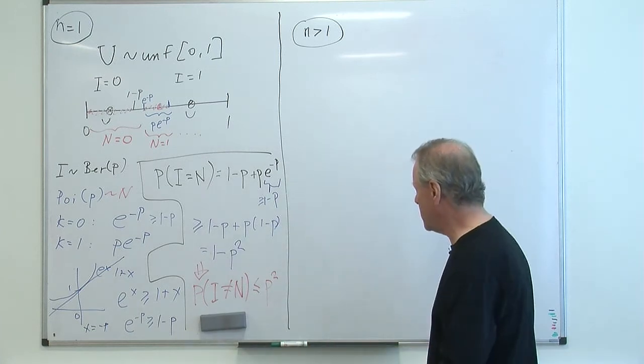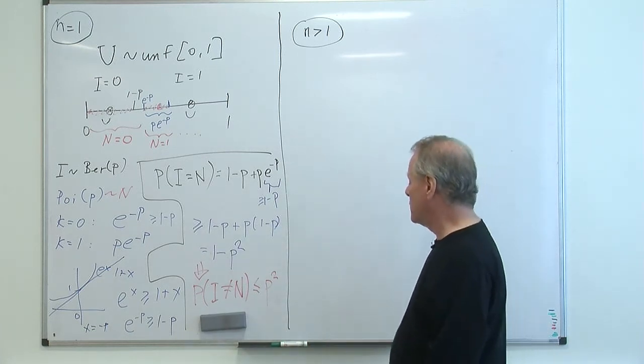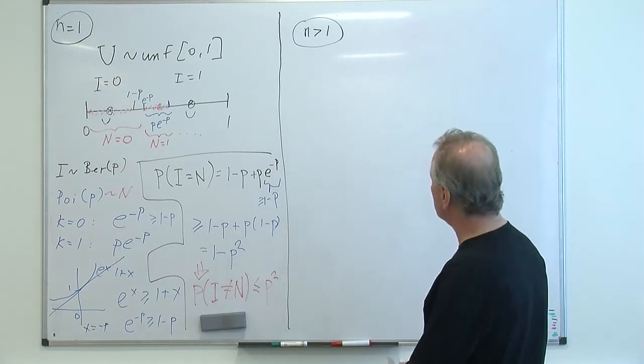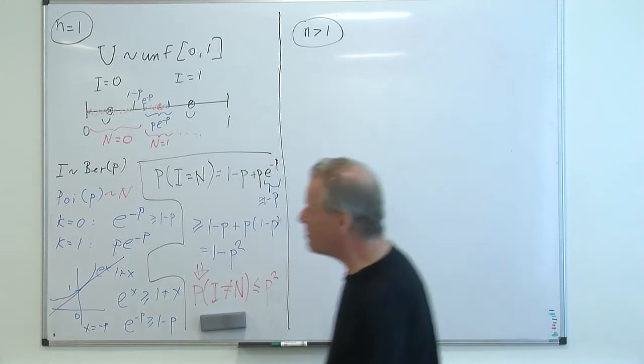So if p is 10%, this will be 1%. Okay, so we have established this.